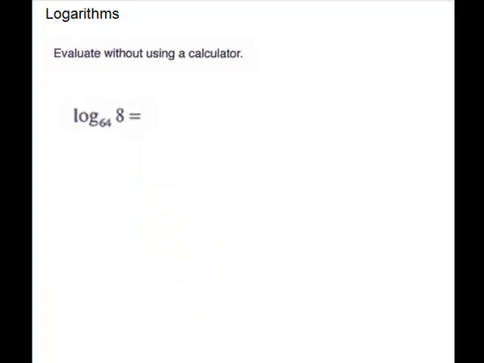We have one more. So the logarithm base 64 of 8, we'll say this is equal to x. And we'll change the form. So 64 to the x is equal to 8. We would like to rewrite 64 as 8 to some power. So 8 squared is 64.